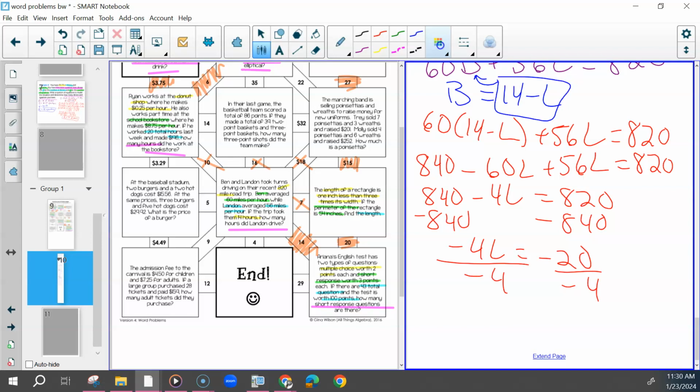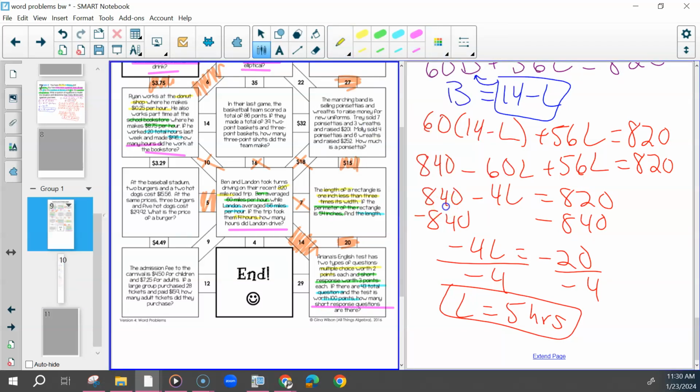So the number of hours he drove is 5. And then, like I said earlier, this can only go one direction, and this can only go one direction. So without solving the last two, we missed it. I solved them. The answers are correct. Good.